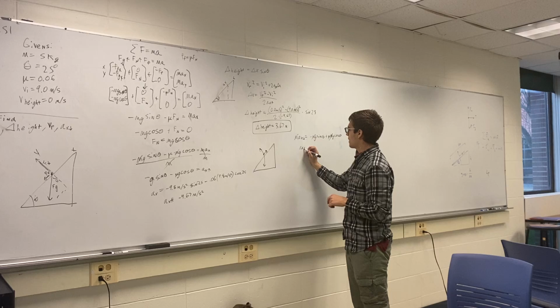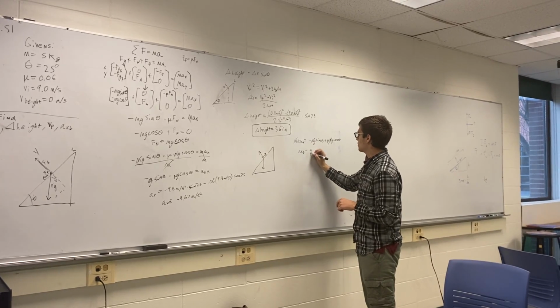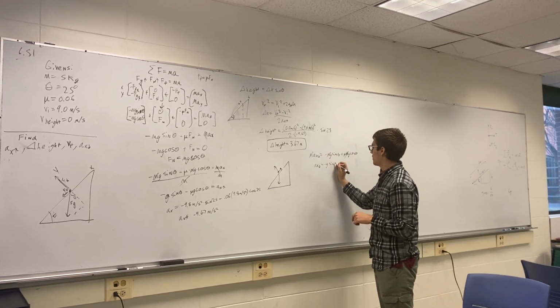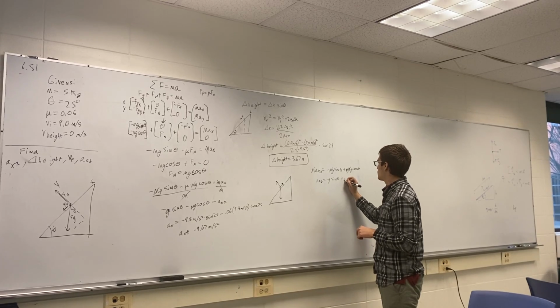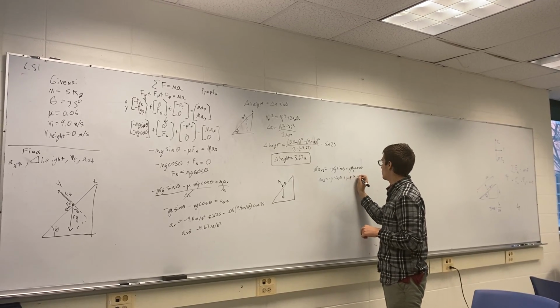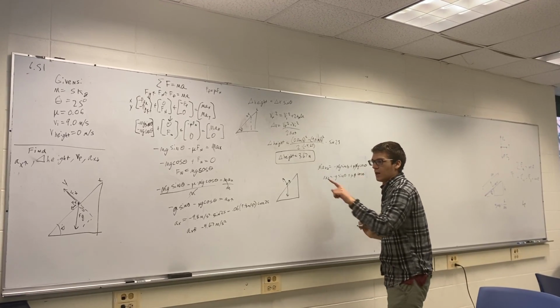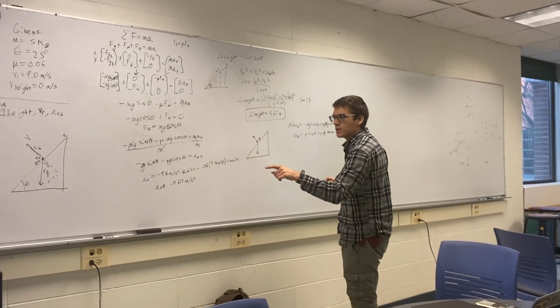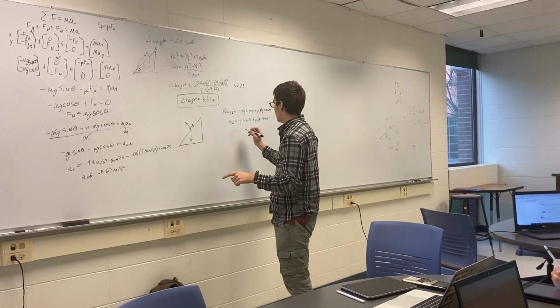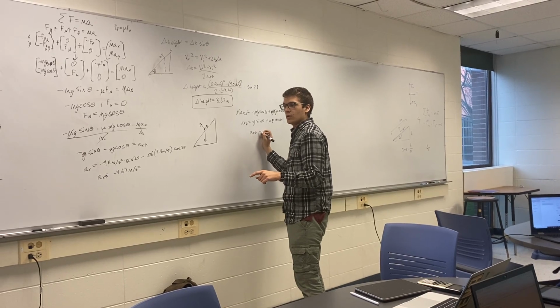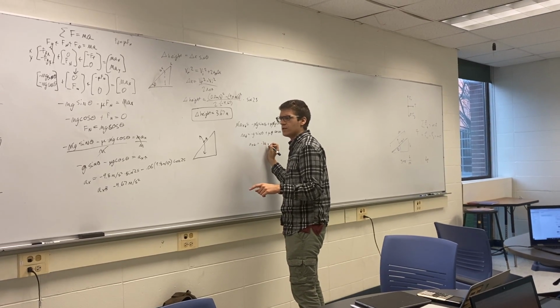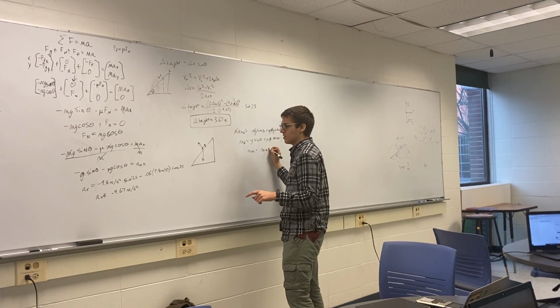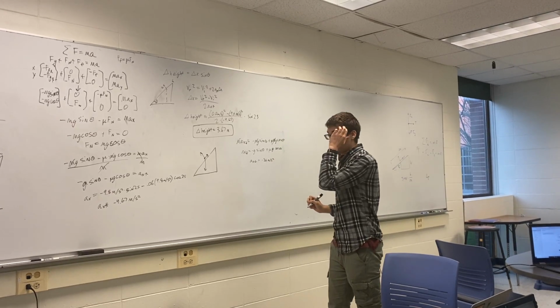So a_x down is going to be equal to negative g sine theta plus mu g cosine theta. When we do that, we get the value of negative 3.6 meters per second squared.